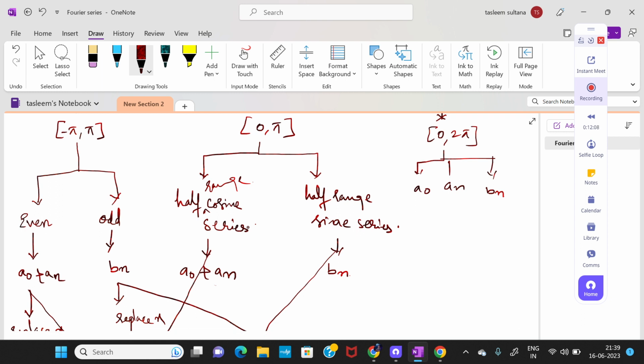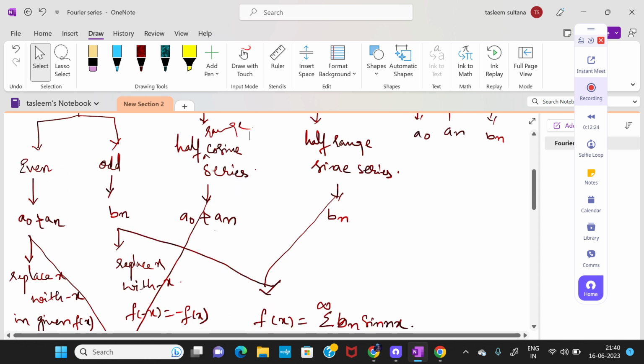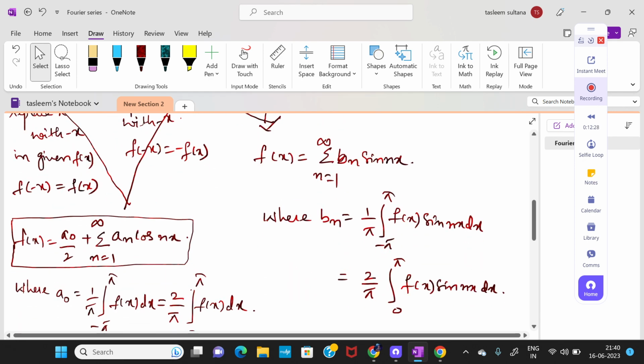When the function is falling under odd function, when the interval is in the opposite direction, the values are the same but it's from negative to positive, in that case only you are going to check for odd and even function. When it is falling in the odd function or it's a sine series, then only you have to find your bn.